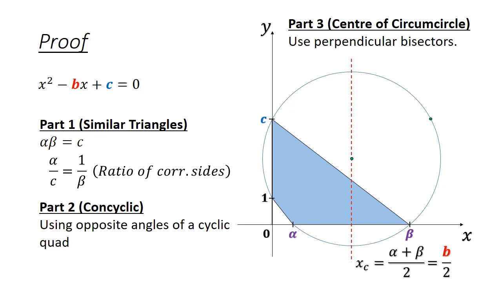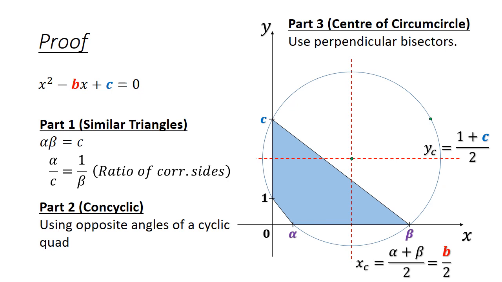Now to find the y-coordinate of the center, we'll use the perpendicular bisector that passes through the center of the 2 points (0, 1) and (0, c) on the y-axis. This is shown by this red horizontal line. The y-coordinate of the center will be the average of those two y values, 1 plus c divided by 2.